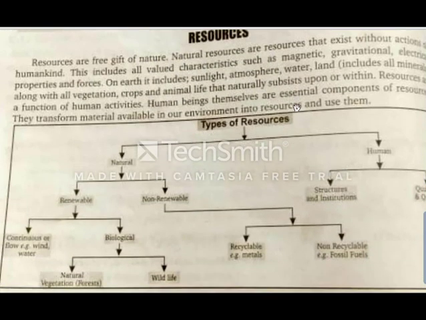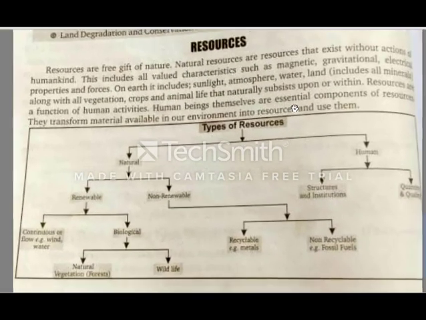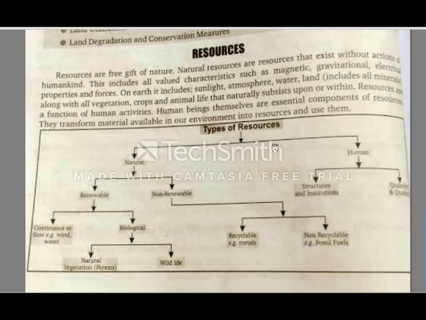In the figure below, you can see the types of resources: natural, human. Here they have shown you two types: renewable, non-renewable, and human. They have divided it into two parts, so this is the figure where you can understand better. Then human is divided into two parts: structures and institutions, quality and quantities.